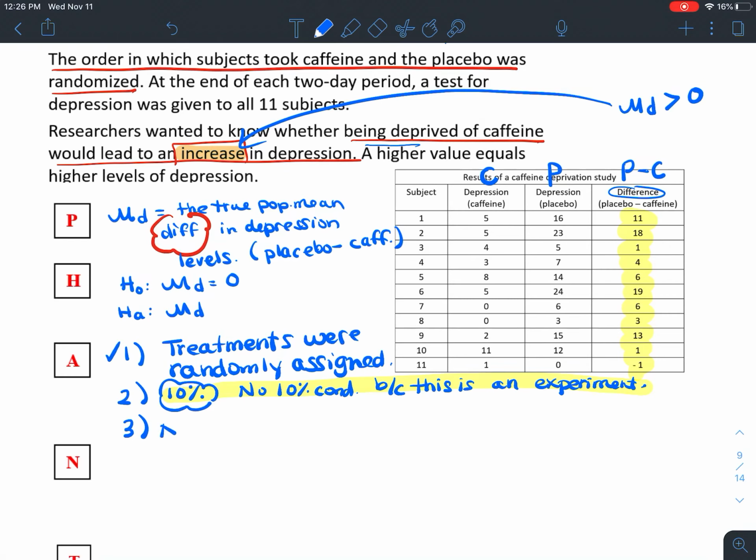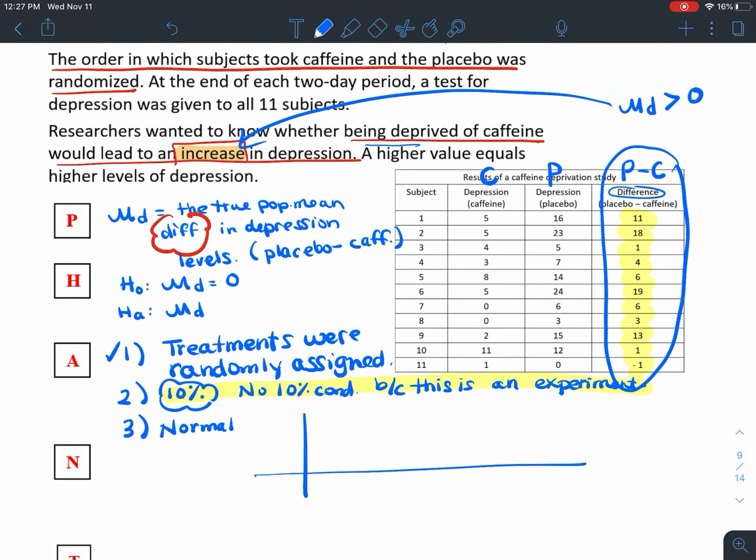Okay. Now we do still have to check the normal condition. Here again is where you would take all this data that is in your L1, make a box plot, and show that box plot. This is the difference in depression levels. I'm just going to mark off some nice labels to sketch this a little bit here.